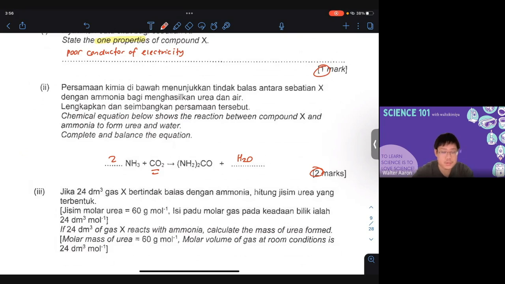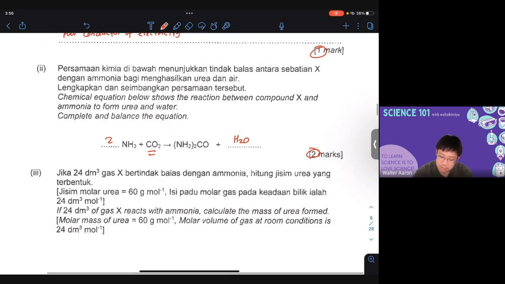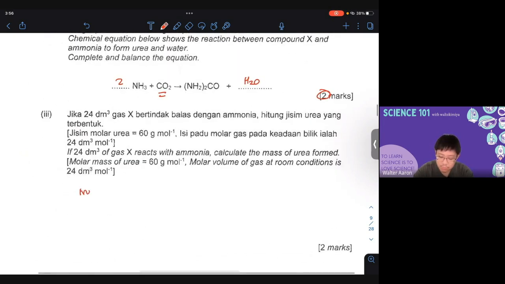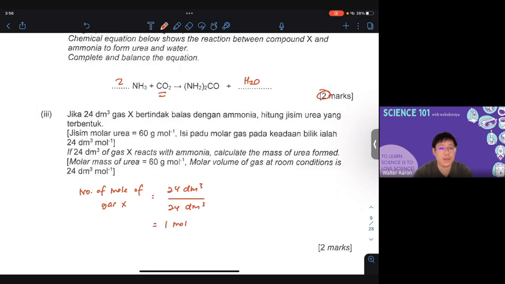So in this case over here, 24 dm cube, that should be 1 mole, I think. Okay, so number of mole of gas X is the volume of the gas divided by molar volume at RTP. So molar volume is also 24. So therefore your gas is 1 mole in total.